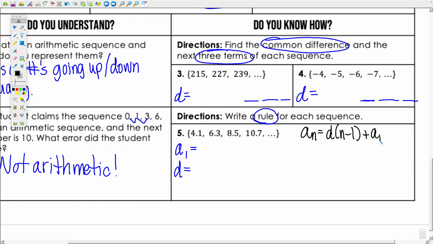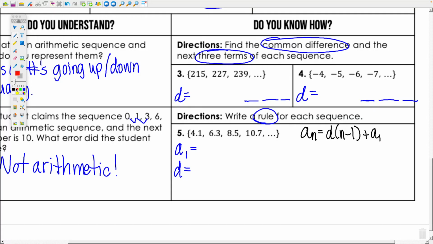Am I going too fast? No? Okay, so then I can tell you the common difference and you will let me know if I got it right.